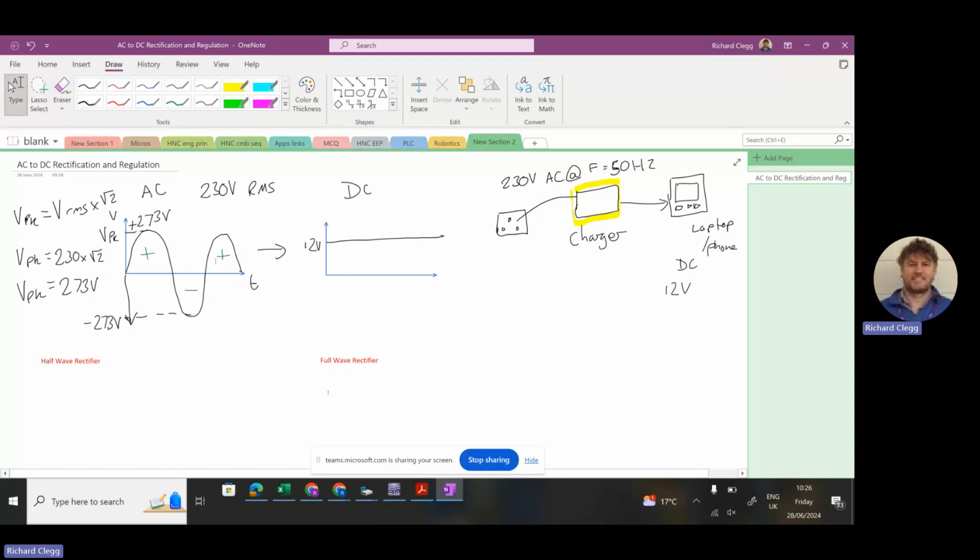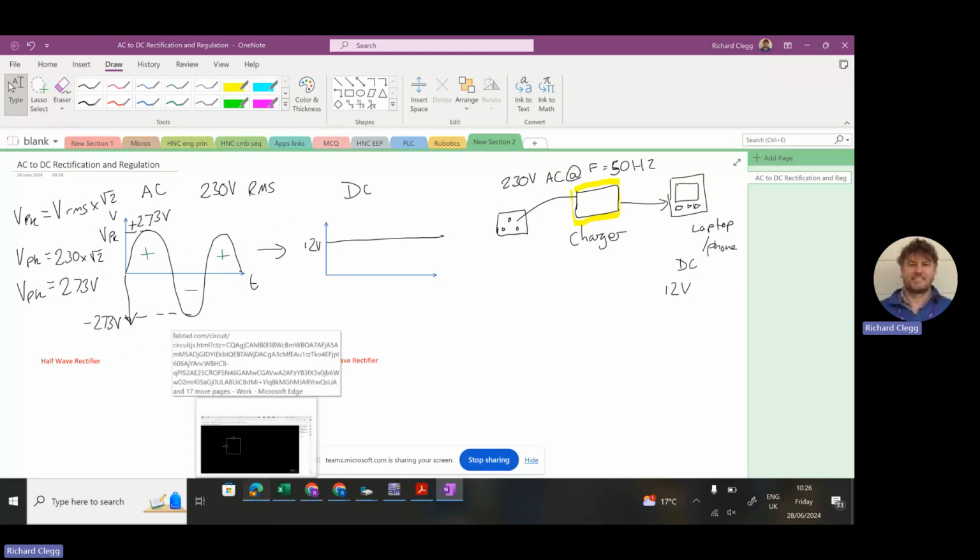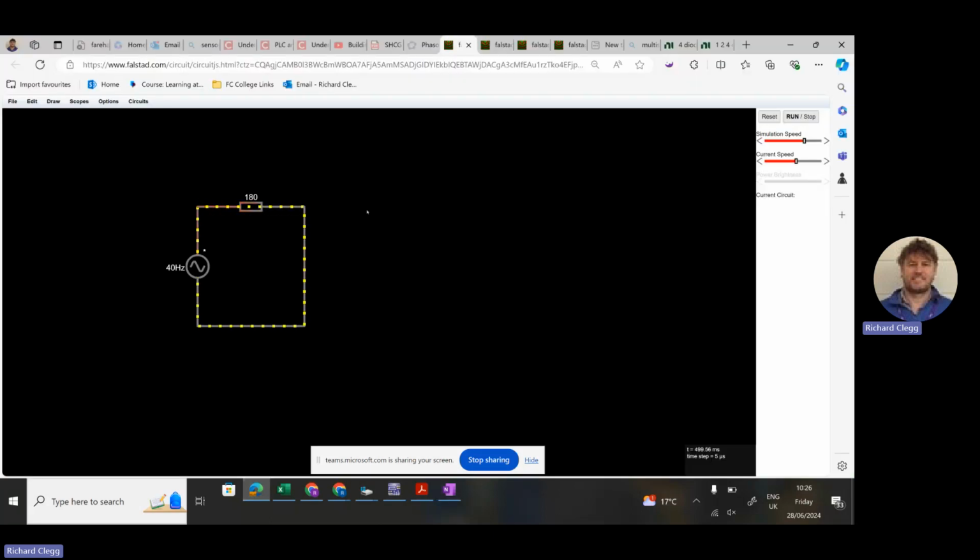The best way to show this is in a simulator called Falstad. Here we have the electron flow from an AC waveform of 50 Hertz, and it goes from positive to negative and flicks around from negative to positive. That's the way it works for AC.